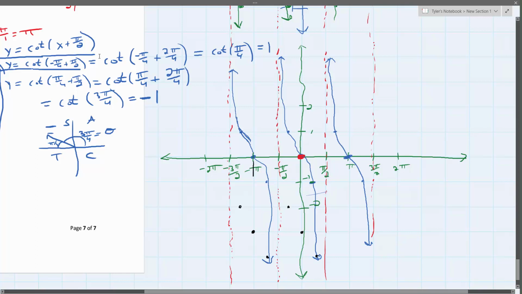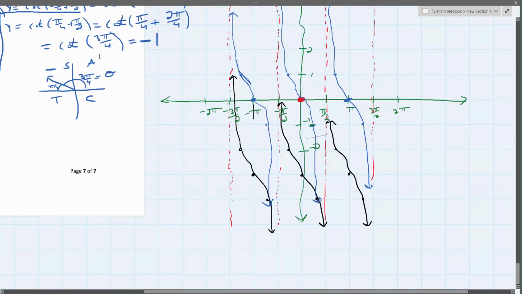So if we just plot these in my 3 periods, then we can quickly get the graph that we were asked to graph. Right, so that's the correct graph.